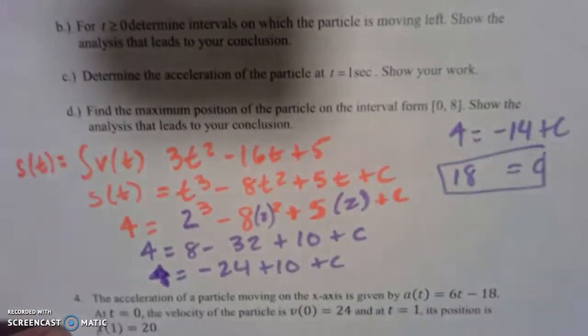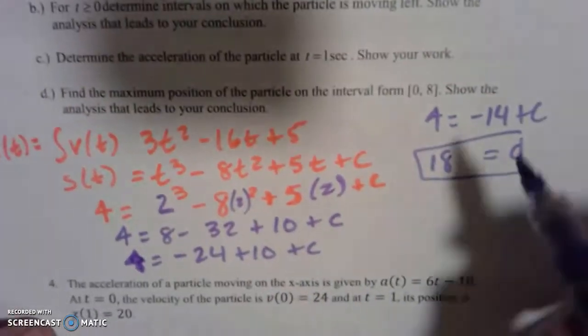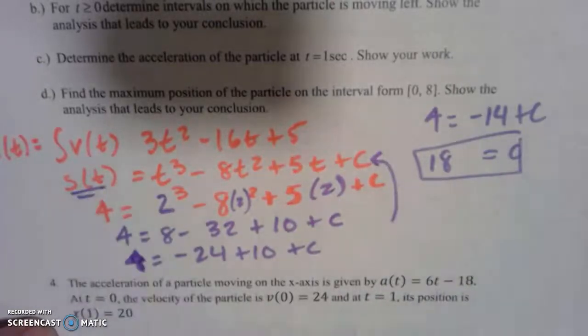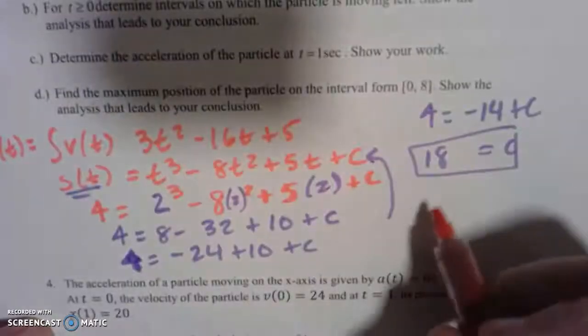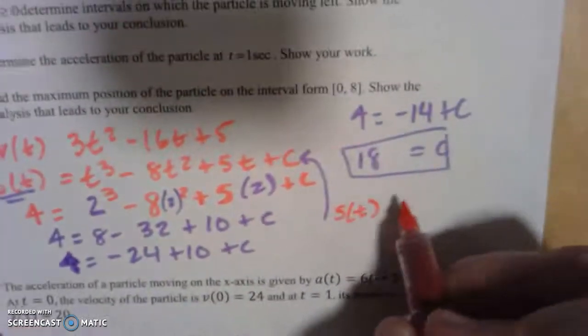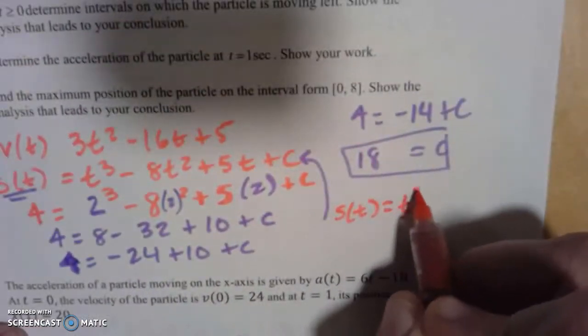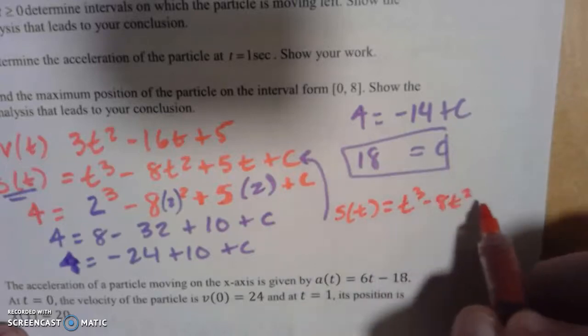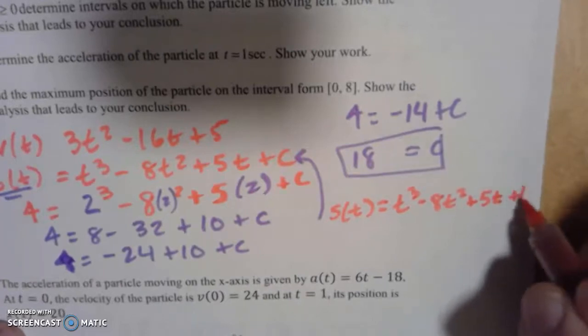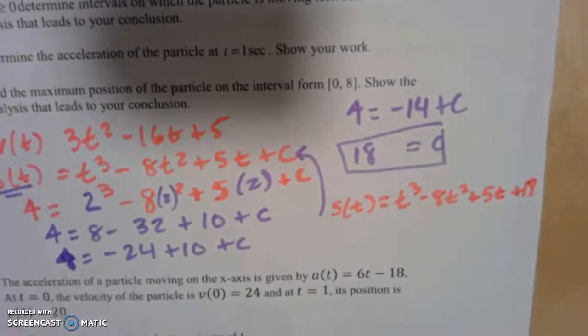So now we can plug this in to our equation right here. Here's our equation, s of t. And we know that s of t, the full equation, once we discovered what c is, equals t to the third minus 8t squared plus 5t plus 18.